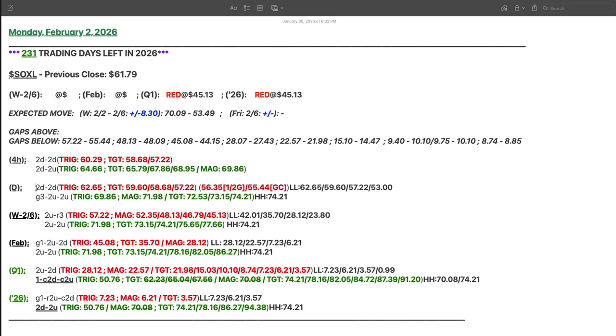Now on the day, right, if we go to the downside, we get this 2 down, 2 down continuation. Again, no magnitude for a continuation move, only reversals. So we have the clear entry, 62.65, but we've just got these targets that we've got listed out here.